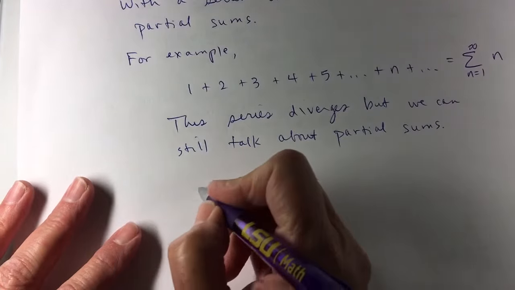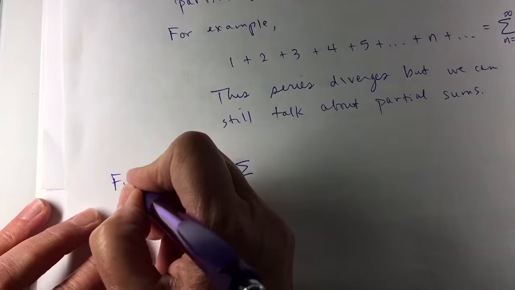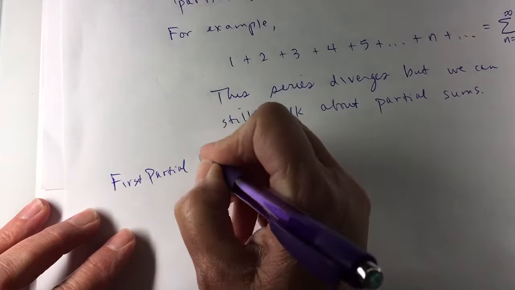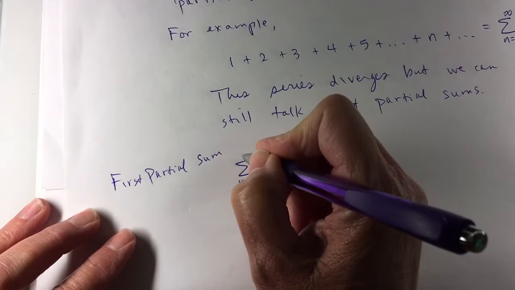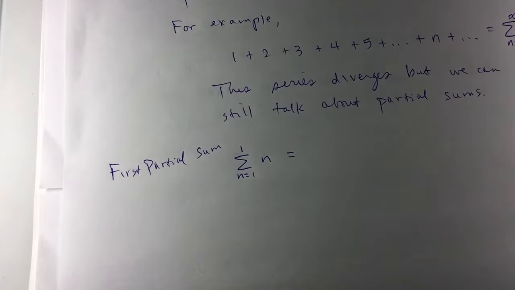So I do something like this. I'm going to put on the side here the first partial sum would be the sum as n goes from 1 to 1 of n. So that n just takes on a value of 1, and that's it.